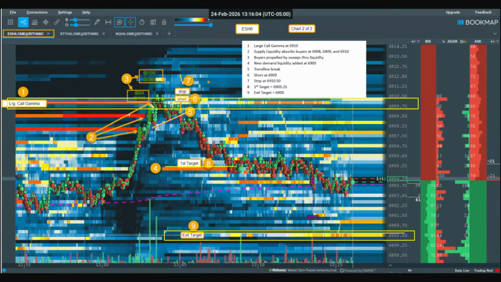I already know there's a lot of absorption, so there's a lot of sellers. I'm looking for a small structural break. I'm in. I'm looking for my target at my liquidity level. Done deal. So just beautiful logic and reasoning behind it, and execution as well.